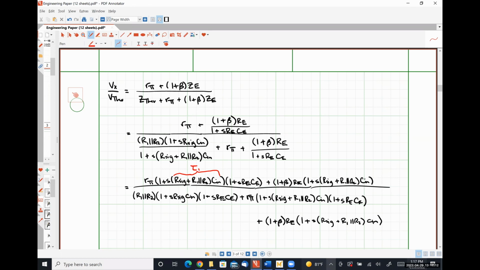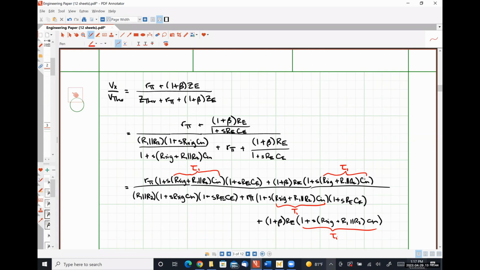Then I went through and identified everywhere else I saw tau 1. I have it right here, right here, and again right here. So I'm just going to replace every time I see that with tau 1.